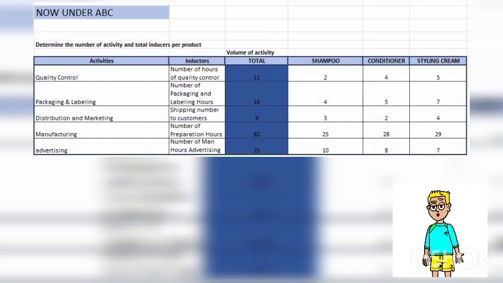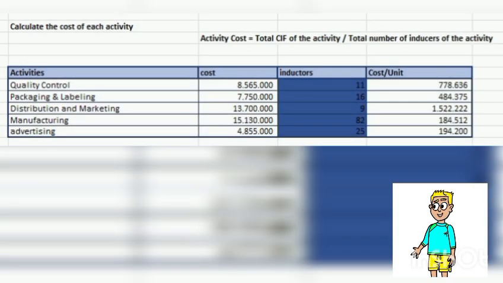Now that we know the value associated with each activity, we continue calculating the activity cost. These are calculated by dividing the indirect cost of the activity by the total number of drivers of the activity, which we had already calculated.